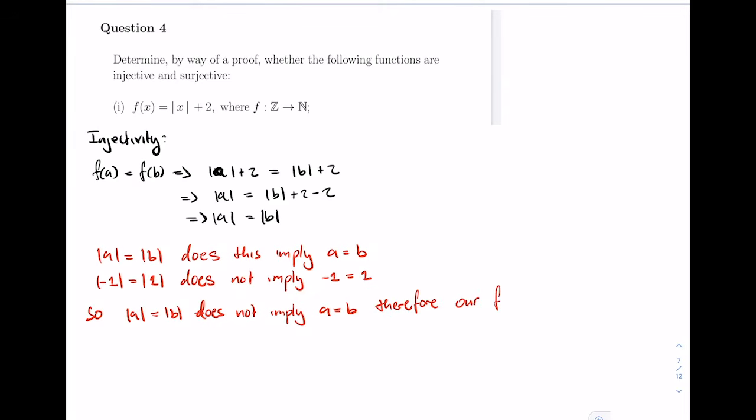Therefore, our function f of x equals modulus of x plus 2 is not injective. Okay? So, is there a way we can make this function injective? What is the step that we would need to take in order for this function to be injective?